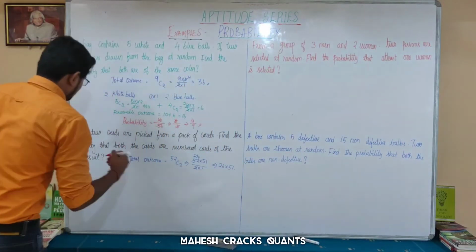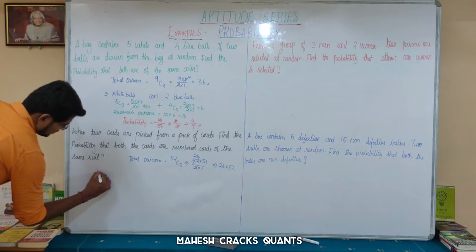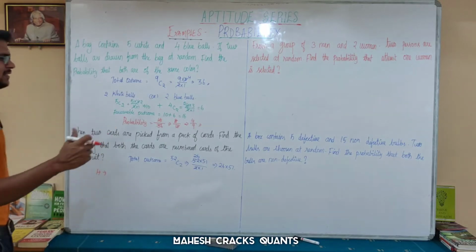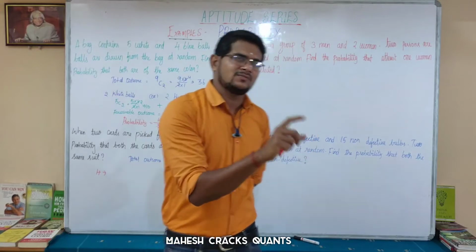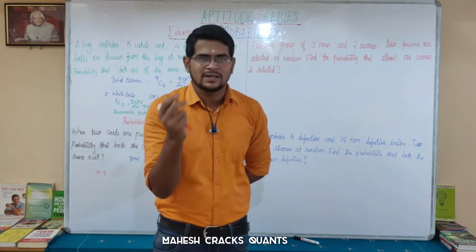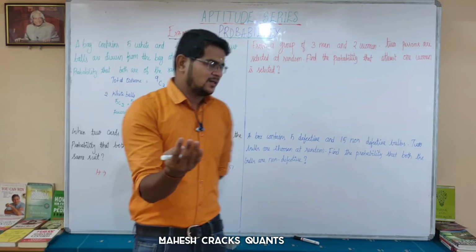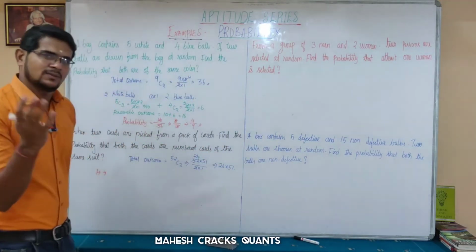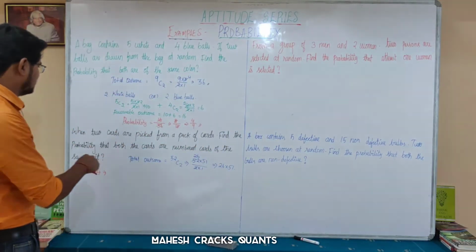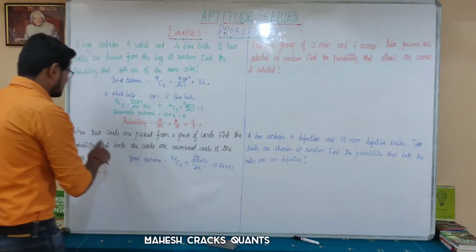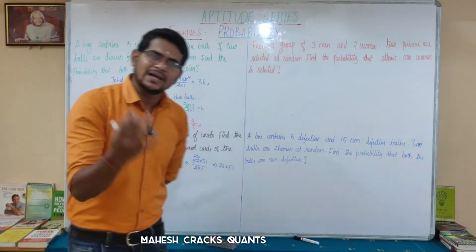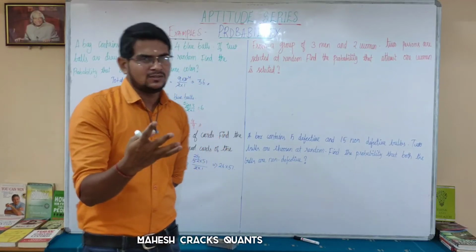So if you go for favorable outcome, in each suit you have to take 2 cards, which means you can take 2 cards from hearts, or 2 cards from diamonds, or 2 cards from spades, or 2 cards from clubs. That is what the question is. The probability that both cards are numbered of the same suit, either heart, diamond, spade, or clubs.